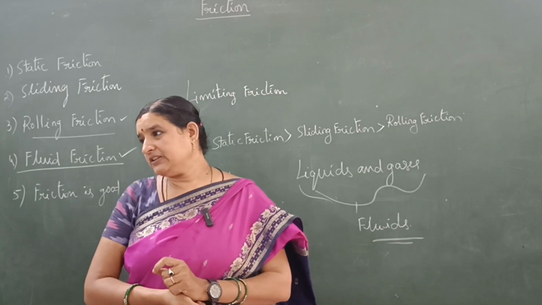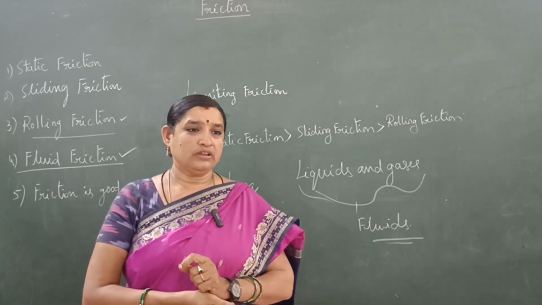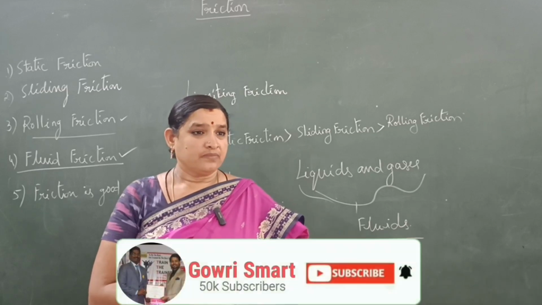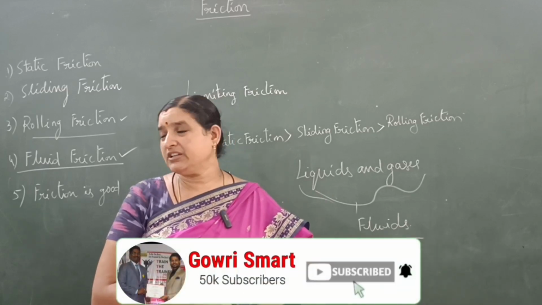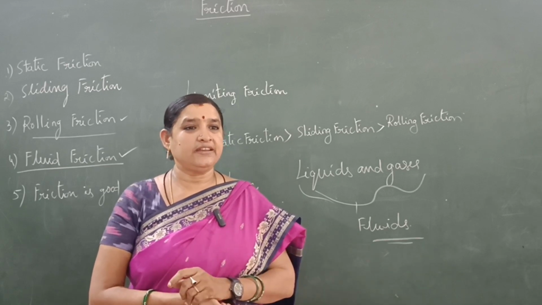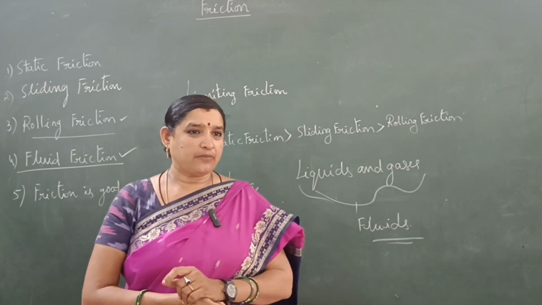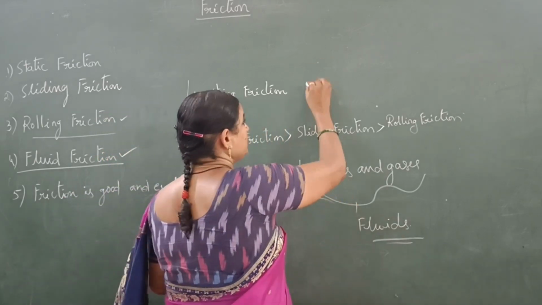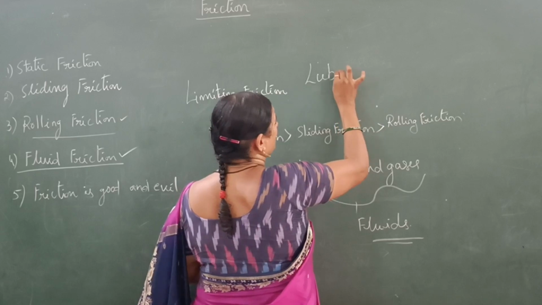In some cases, friction is evil also. It damages the machinery parts through wear and tear. When friction is more, it produces heat and damages the machinery parts. To reduce that friction, we use lubricants.